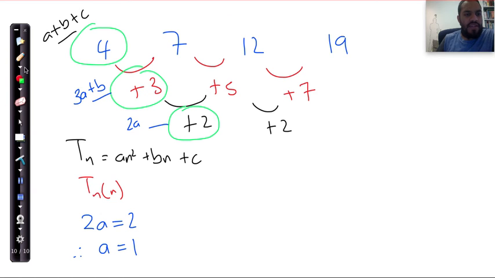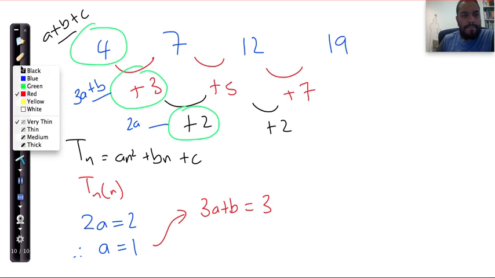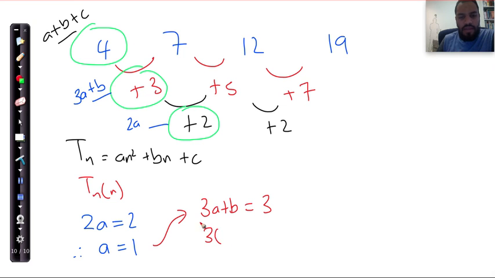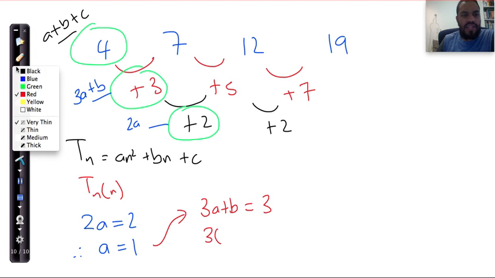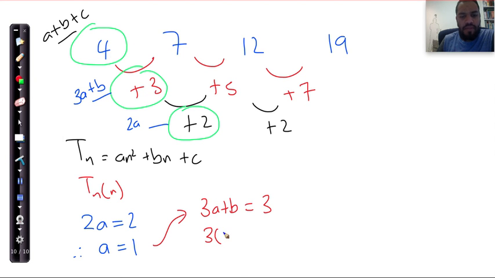Let's go to the next one, and I use this value and plug it into 3a plus b, which I equate to 3. When I substitute this in, I take that blue one over there that's right next to it, and that's where my 1 is coming from.